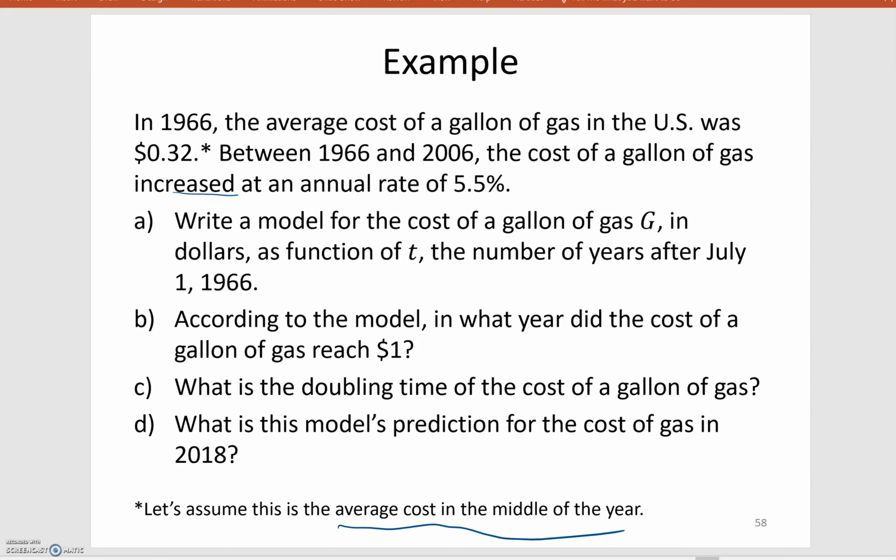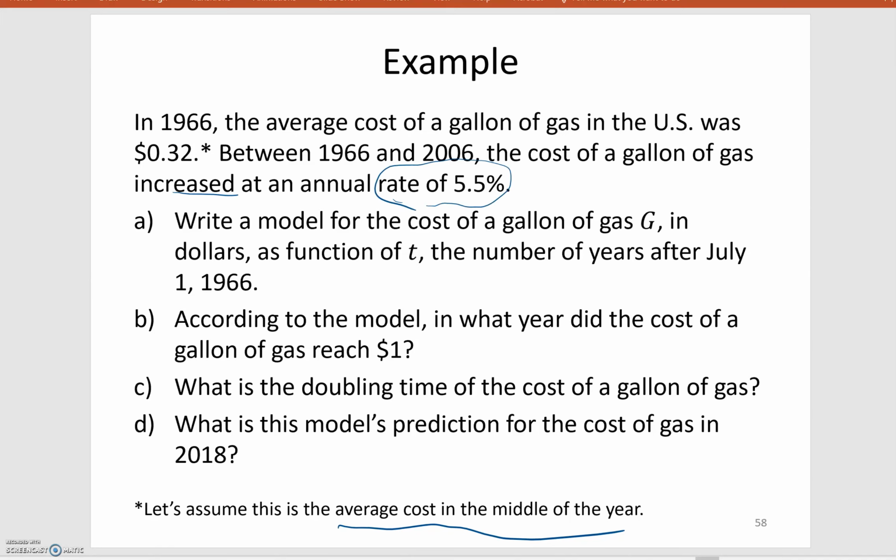So here's our data for our function, and then our first task is to write a model for the cost of a gallon of gas in dollars as a function of t, the number of years after July 1st, 1966. So again, this is an elapsed time model, so we're resetting the clock. I know it's going to be an exponential model because I am given a rate of growth.